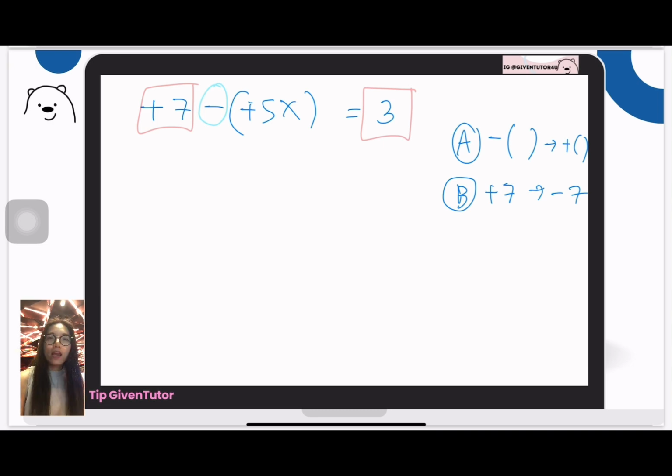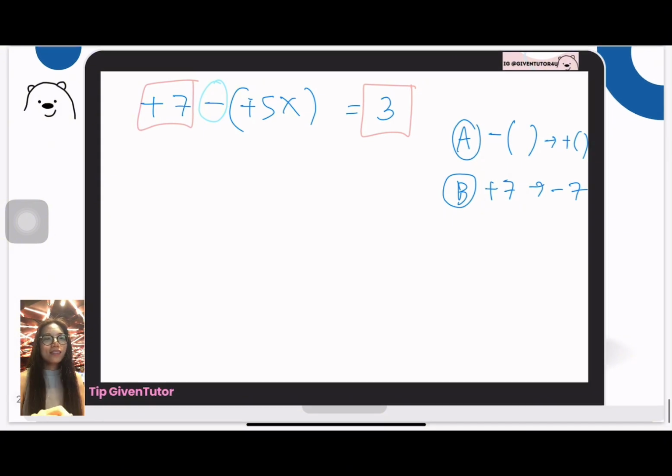You can choose A or B. Hold and think. A or B? So this one or this one? You just have two ways, and both ways are true. Okay, let's say A.